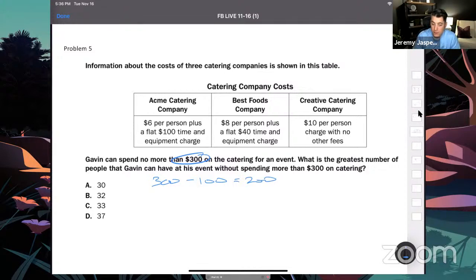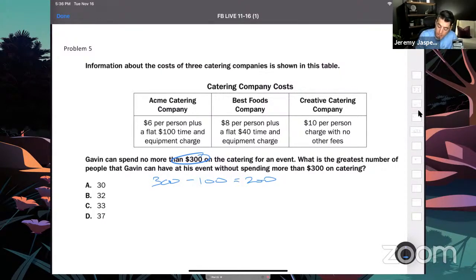And again, all this can be done on your calculator. If this were me, I would do it on the calculator. I would just stare at the screen and put the numbers in. So I would do 300 minus 100 equals. Once I hit equals, I've got the number in the calculator. It's 200. The number's still there, I can continue.